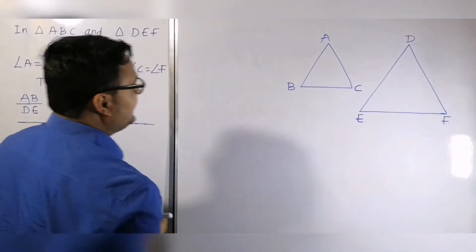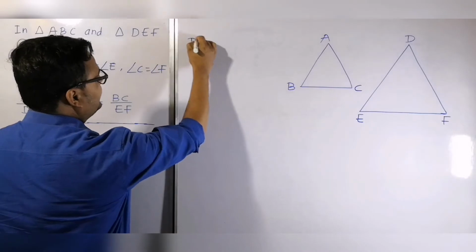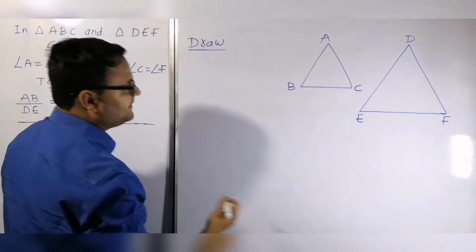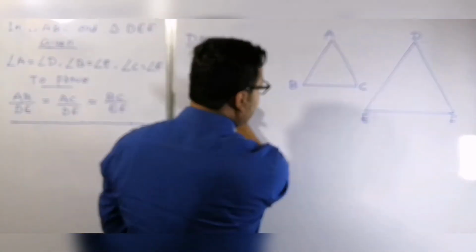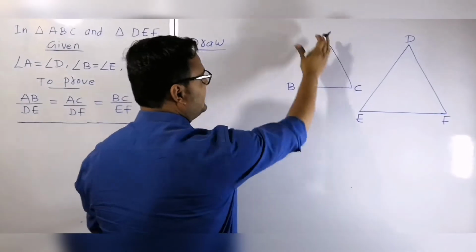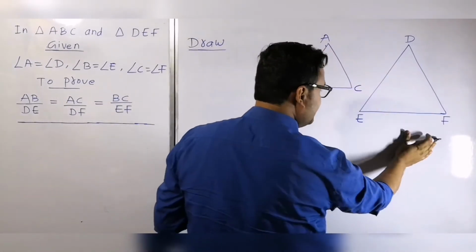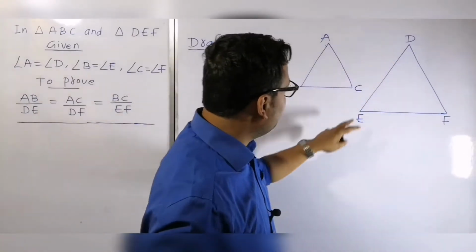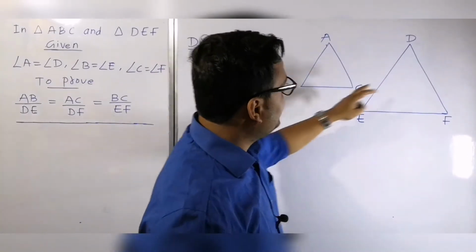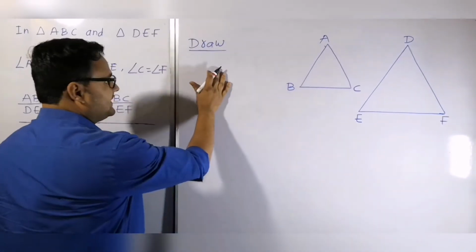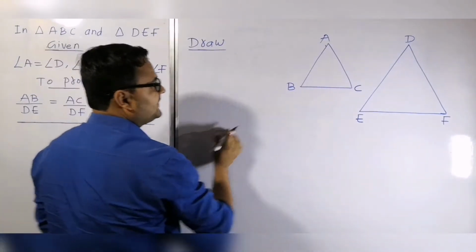So what we have to do, first we have to do one construction, that is draw. What we have to draw, this is AB. If we see the diagram ABC and DEF, simply we can say the length of DE is more than AB and the length of DF is more than AC. So what is the construction we are going to do?